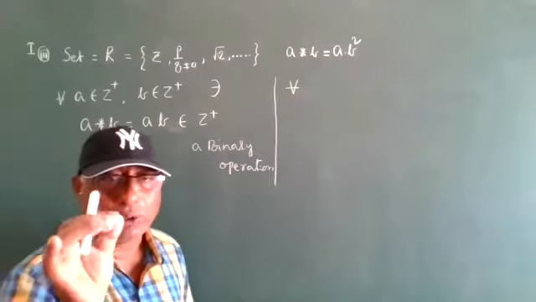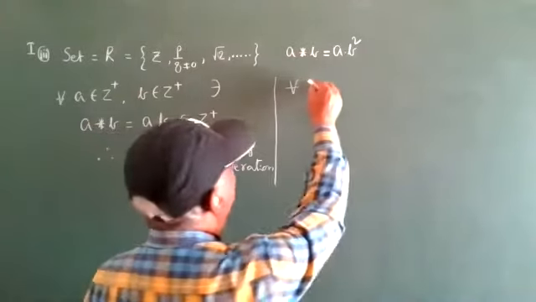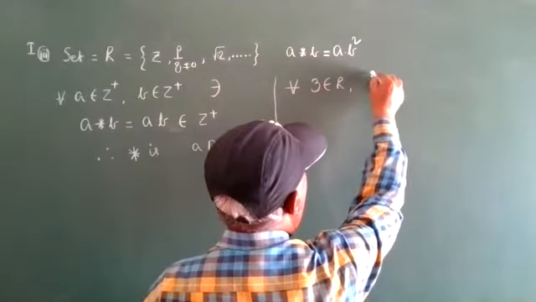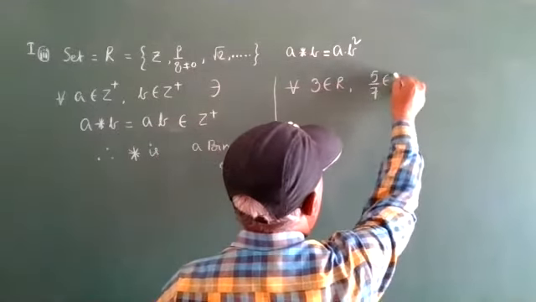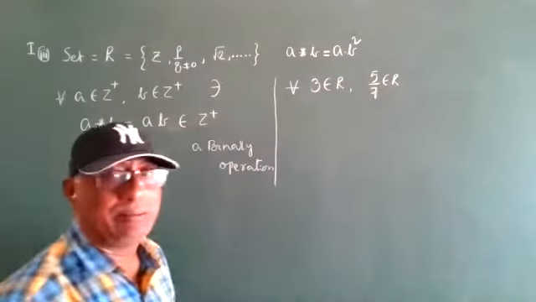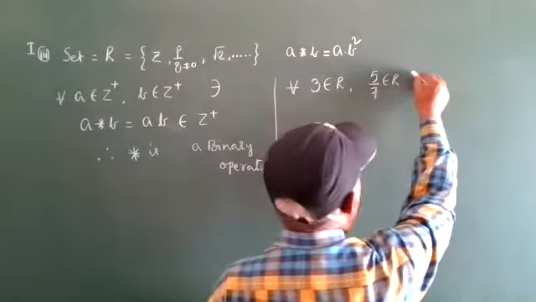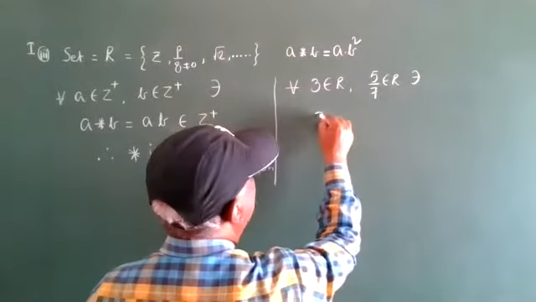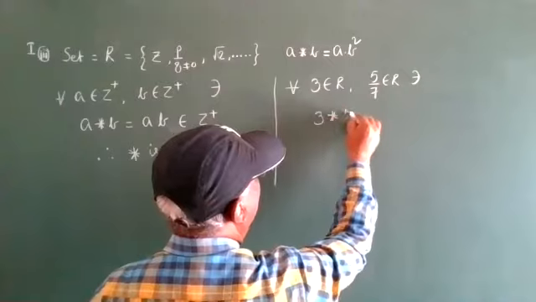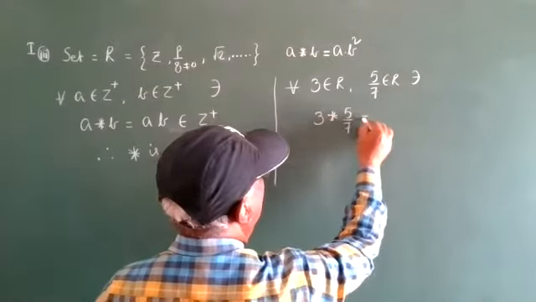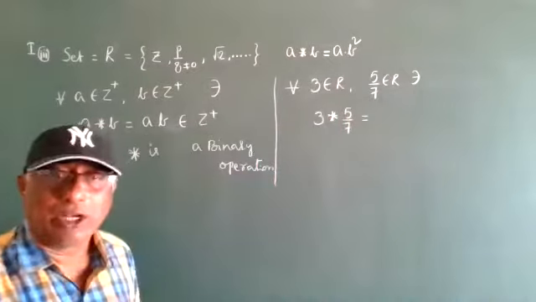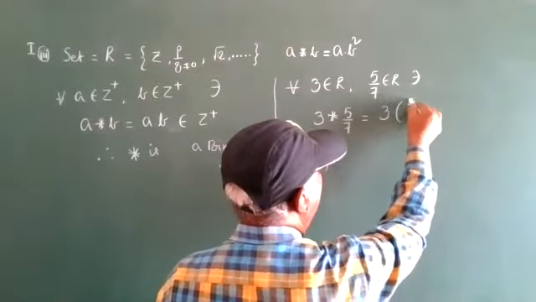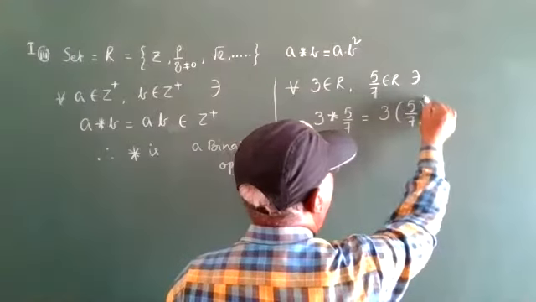Again it belongs to the real numbers. I will take for all 3 is a real number and 5 by 7 is a real number, such that the definition is first element star second element, first element into second element squared.